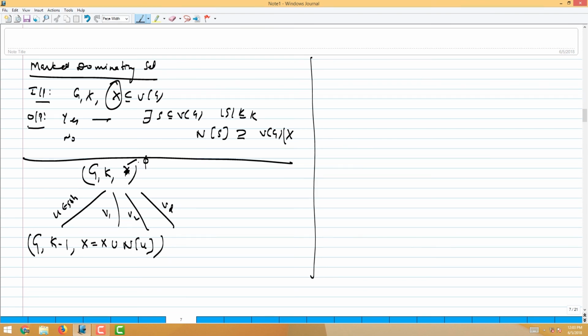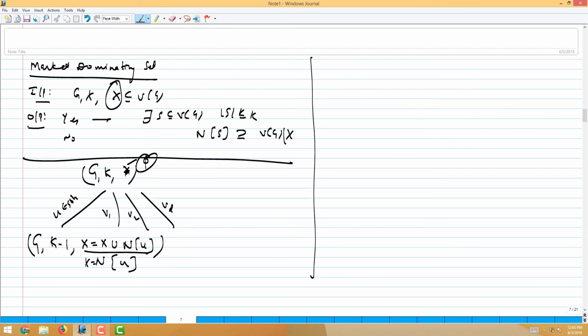To start with, this x was phi. So when you decided to put u in the solution, in this instance you are trying to find a dominating set that dominates all the vertices that were not covered by u, because the vertices of x were already covered by u. So you only want to dominate whatever remains.